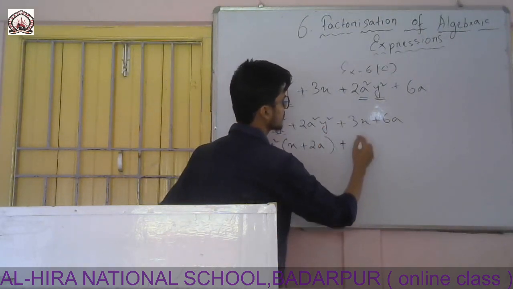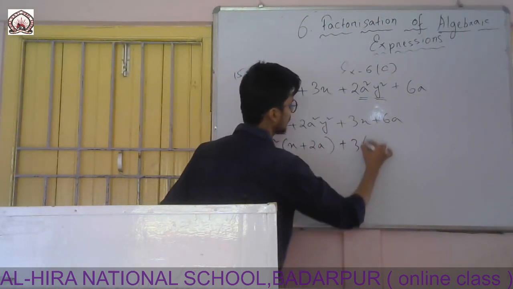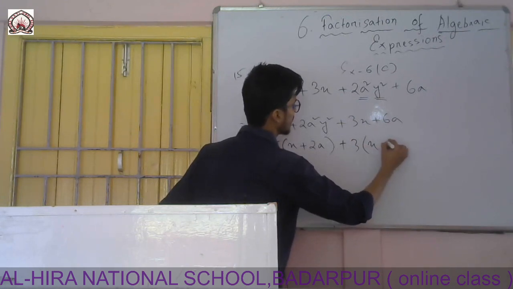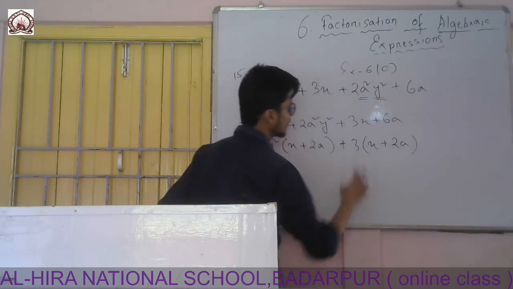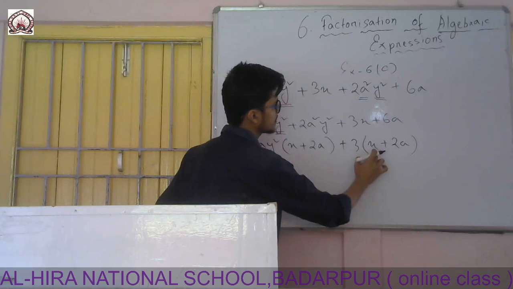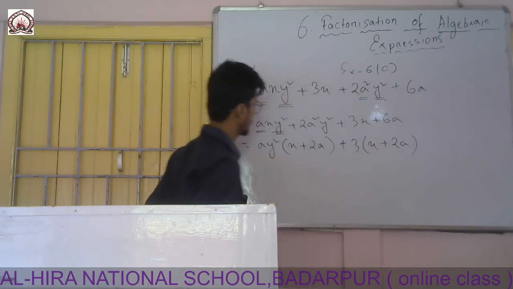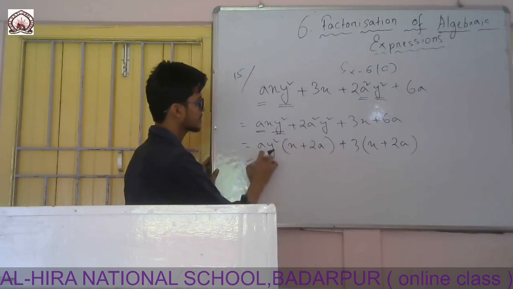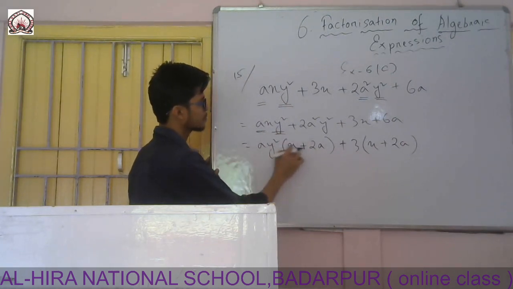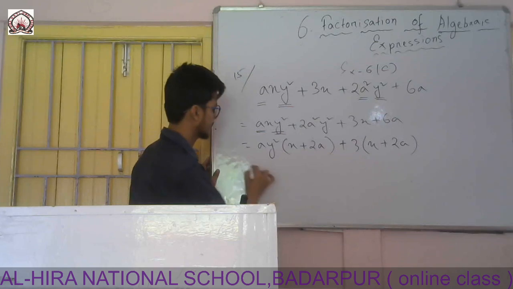Plus in this case I can take 3 common. There are x left and 2a left. 3 into x is 3x and 3 into 2a is 6a. And a y square into x is axy square, and a y square into 2a is 2a square y square, this one also matches.